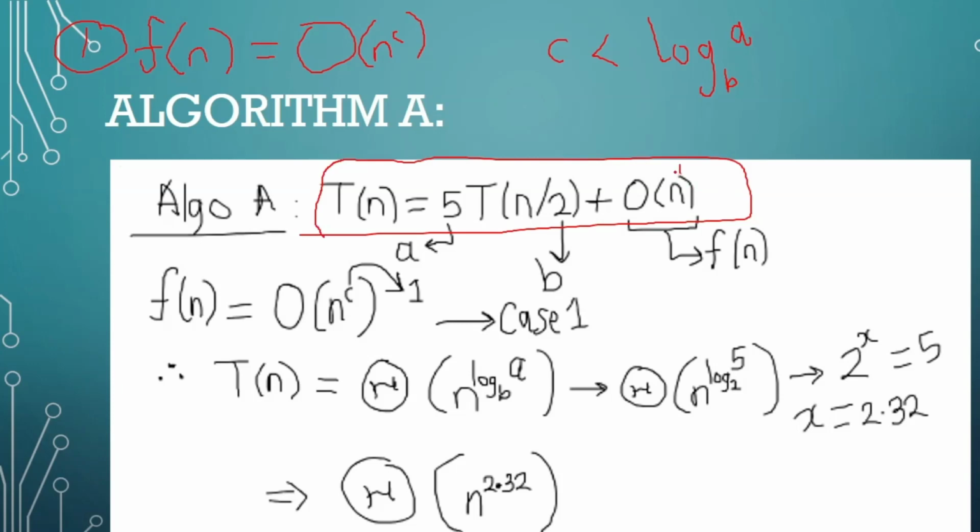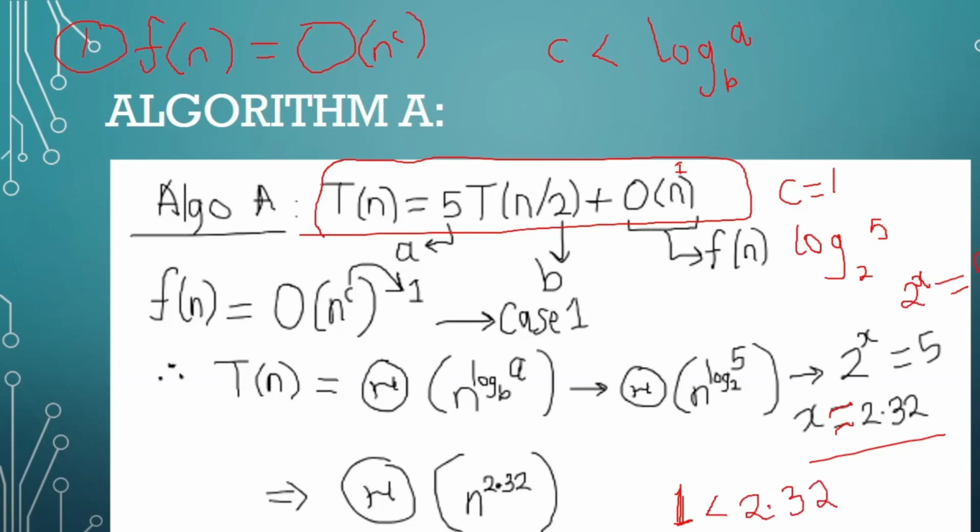Here c is just 1, n to the power of 1, so c is 1. What about log base b of a? b is 2, a is 5. So 2 to the power of x equals 5, and we get x is approximately 2.32. 1 is less than 2.32.